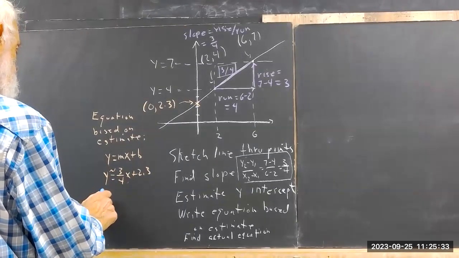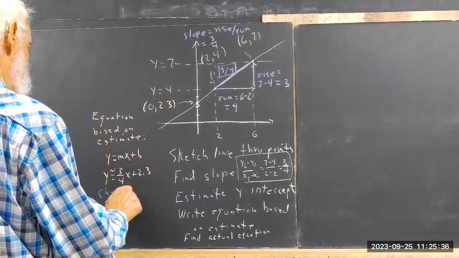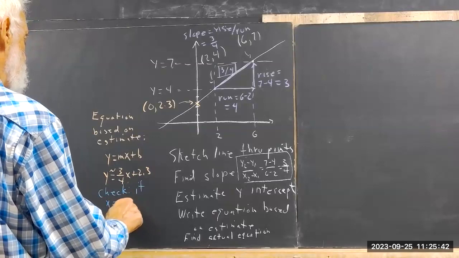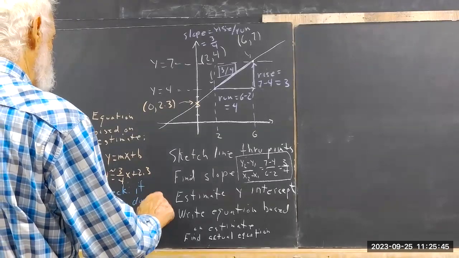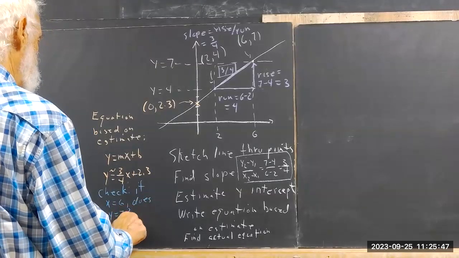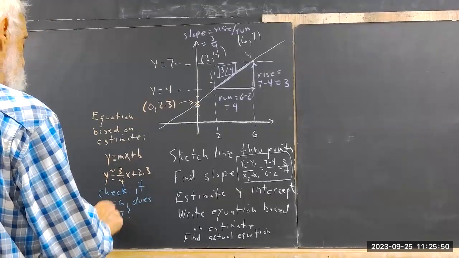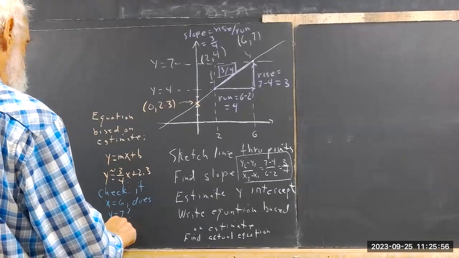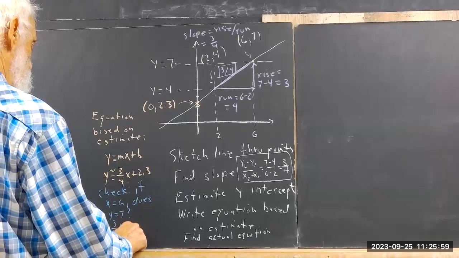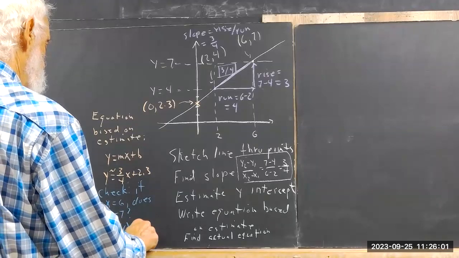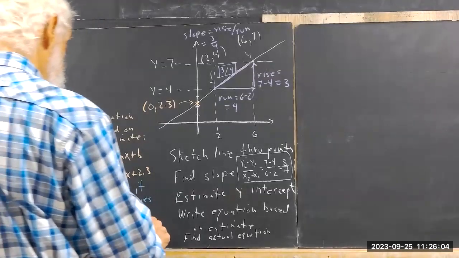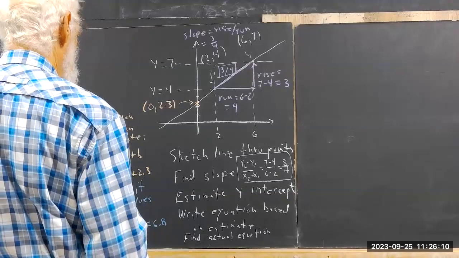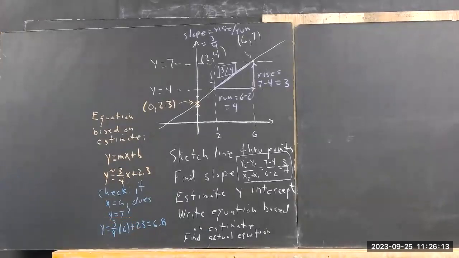Okay, so we check the estimate. If x equals 6, is y equals 7? Well, if we plug in x equals 6 and do the arithmetic, we get y equals 6.8.